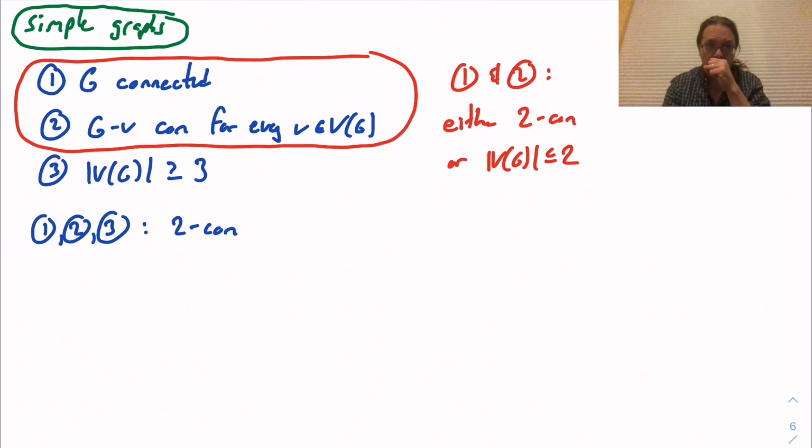So our main definition for today is as follows.